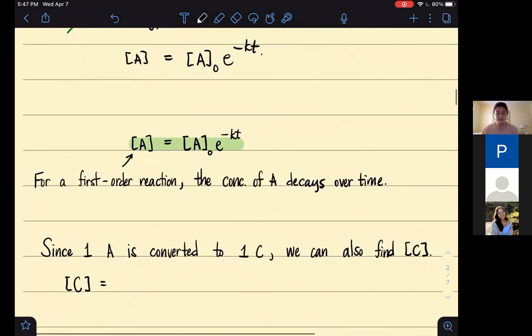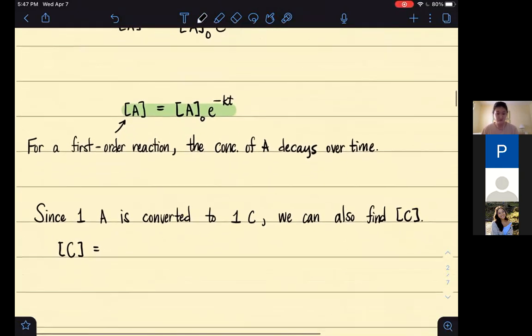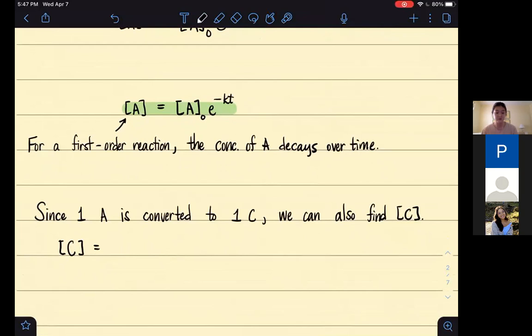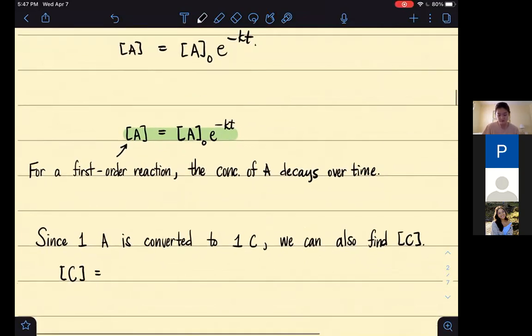For this case, there's a pretty interesting property, which is that you can also find the concentration of product C using this term over here.